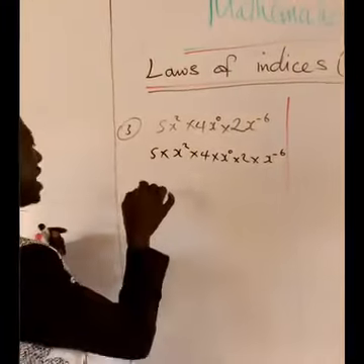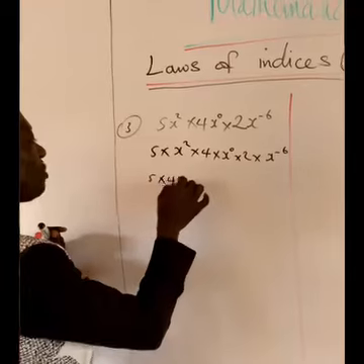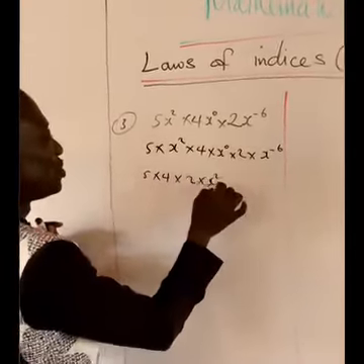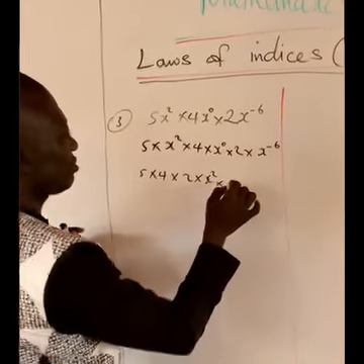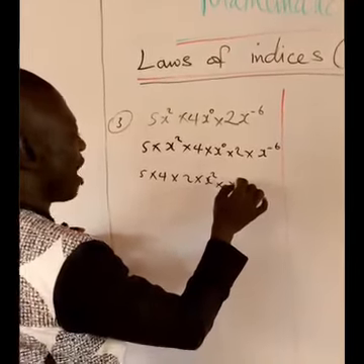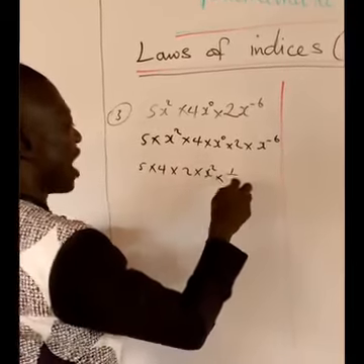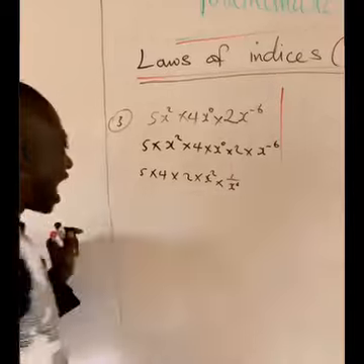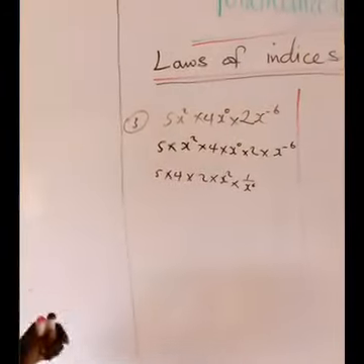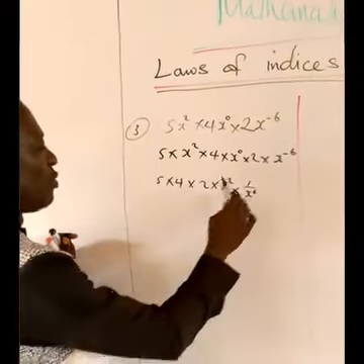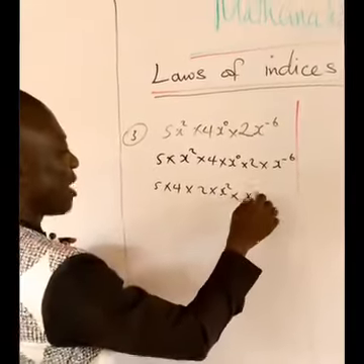Yes, we can write it as 5 times 4 times 2 times x raised to the power 2 times x raised to the power minus 6, or 1 over x raised to the power 6, as you know before.